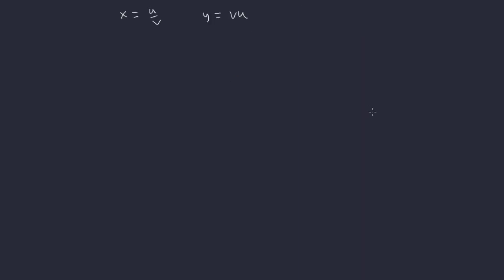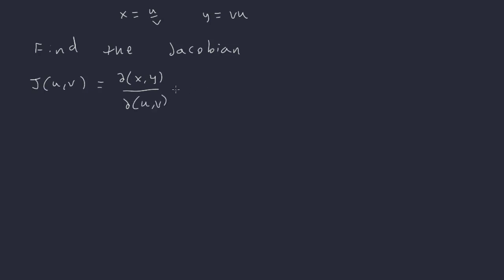Okay, so next we're going to find the Jacobian, which will be J of u, v. All right, and again, I always write it out, the partial of x, y with respect to u, v. And I'll write it a little differently this time.